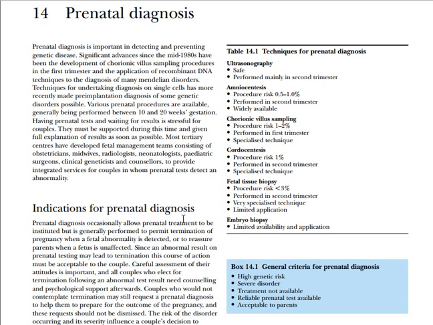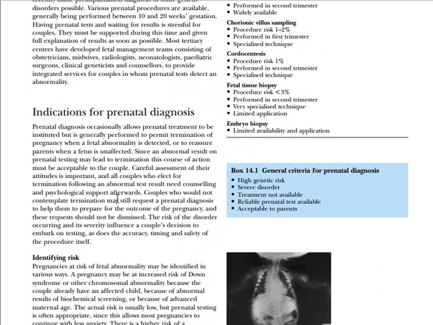So, the indications for prenatal diagnosis. What are the general criteria for prenatal diagnosis? The first is a high genetic risk, provided that you have calculated the risk for the patient. For example, you have a mother who is a carrier of an autosomal recessive disease, and a father who is also a carrier of an autosomal recessive disease.